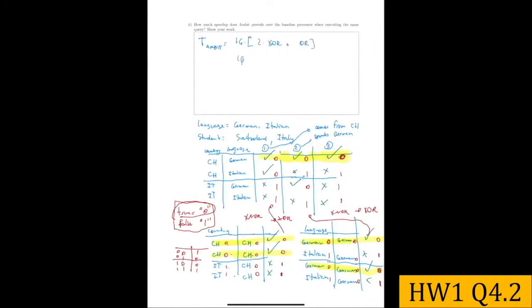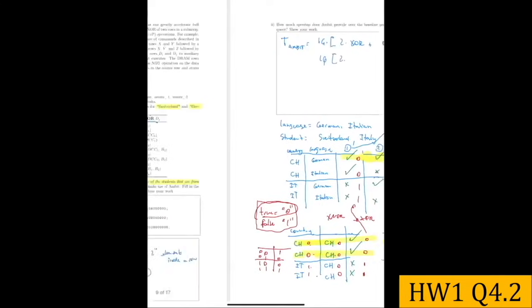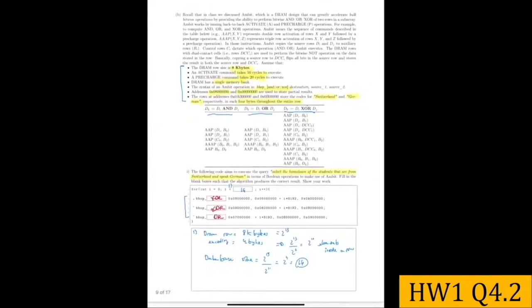And the ANDs have 2 times. Okay. The number of operations that you're going to take to execute an XOR is how many AAPs and APs, right? This is what determines the latency.